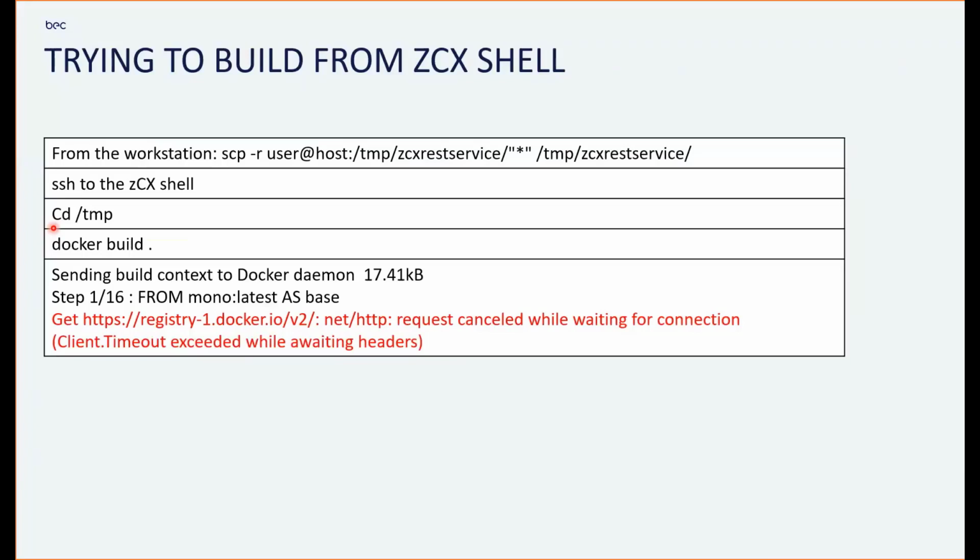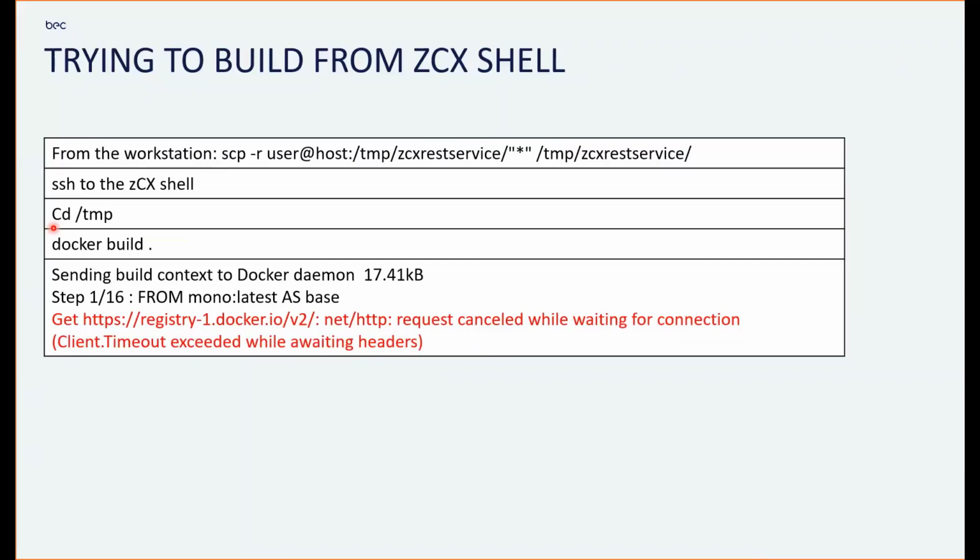And we found that we could ping our own domain from inside the zCX shell, but we could not ping outside it. So it has to be a network problem, which we didn't have the time and the skills needed to solve. And in principle, we could have loaded the packages we needed from Docker on the PC and uploaded them again, but really it wasn't clear to us exactly which packages we needed.